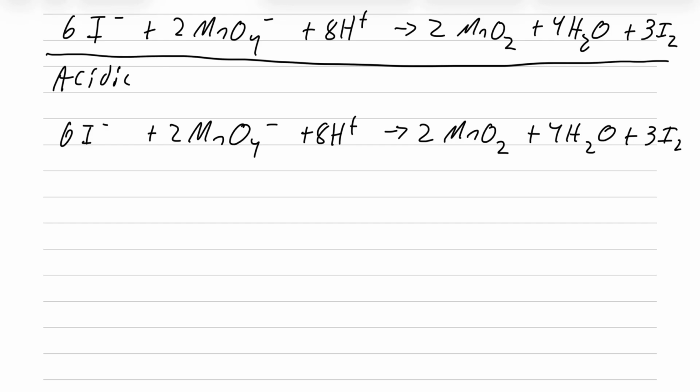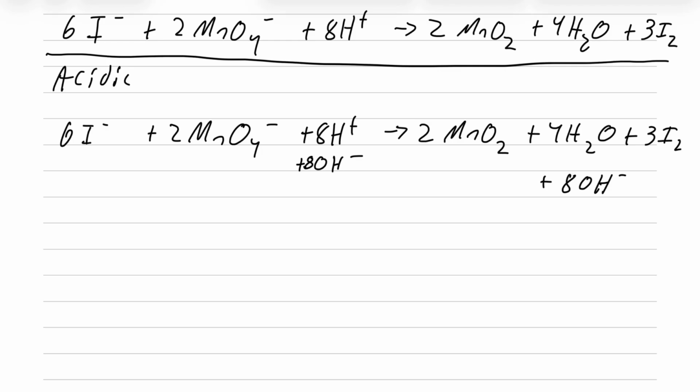As I said, if we're in basic, we add 8 hydroxide ions to neutralize the 8 protons. But when doing this, we have to do it to both sides. So we also need to add 8 hydroxide ions to the right, to keep things even.